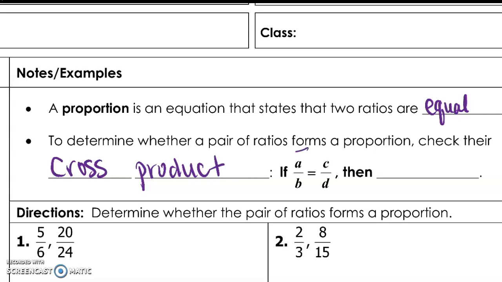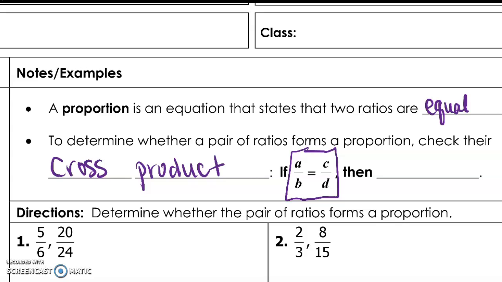So this right here, A over B equals C over D. That is what a proportion is. That's your equation that states that two ratios, remember ratios can be written as fractions, are equal. So that first fraction equals the second fraction.